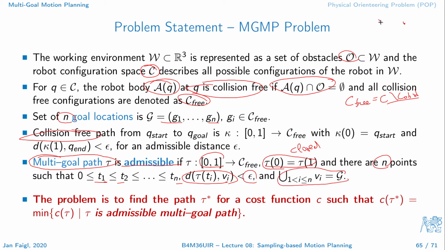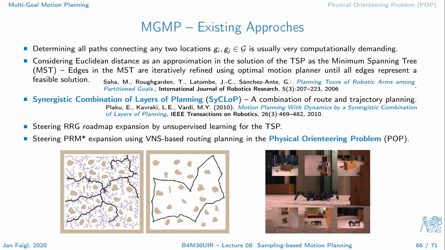So basically we have some goal location, and because we are not expecting to precisely visit it, if we have a trajectory or path that passes these locations within epsilon, we call this an admissible solution. And of course, we are looking to find a feasible path that is admissible. Not speaking about optimality yet, but of course we also like the optimal path with the minimum cost.